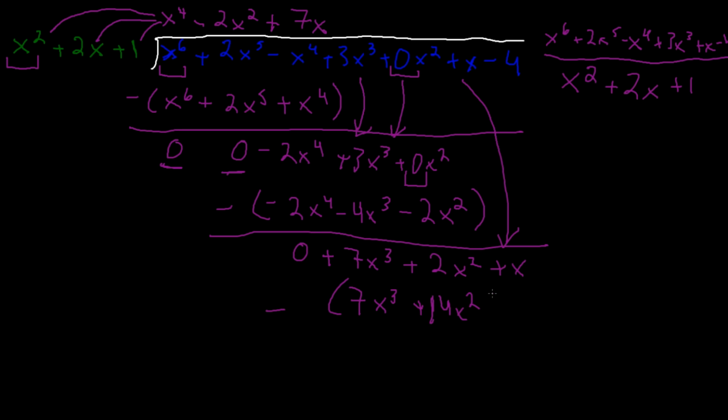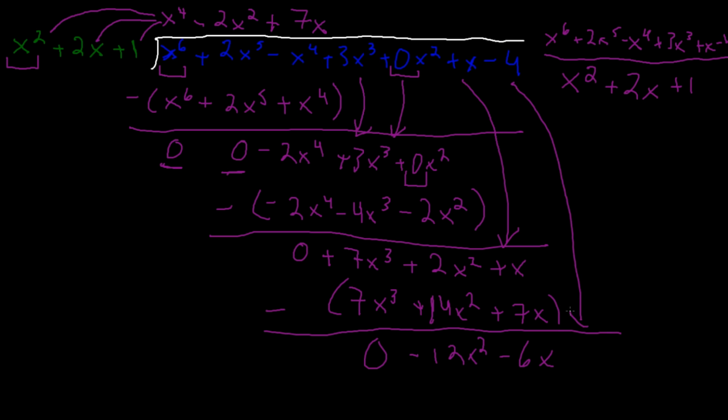And then 7x times 1 is positive 7x. And then we're going to subtract this out. So 7x to the third minus 7x to the third is 0. 2x squared minus 14x squared is negative 12x squared. X minus 7x is negative 6x. And then we're going to drop down this term again, minus 4.